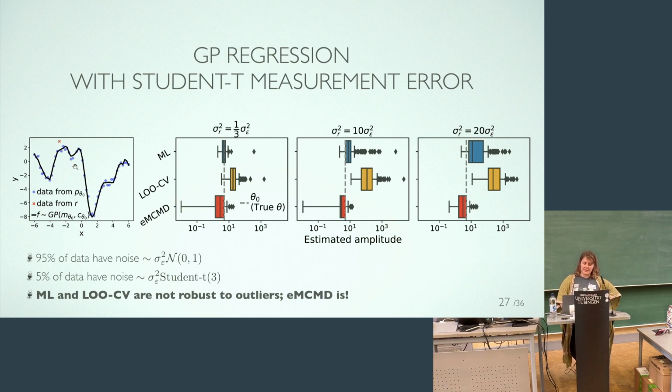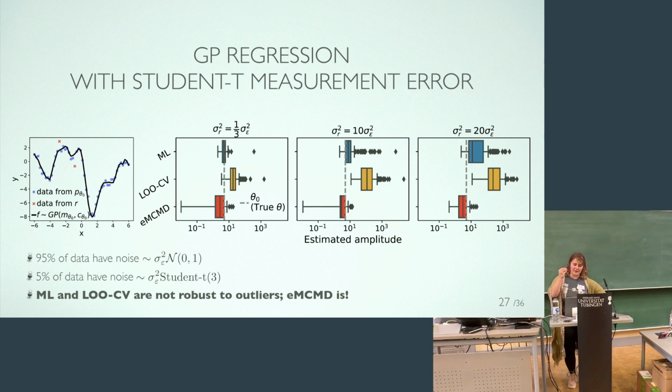Just in cases where these outliers go farther from looking like they were sampled from Gaussian additive noise, the worse maximum likelihood would become.